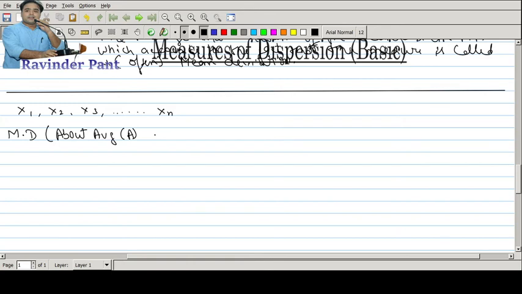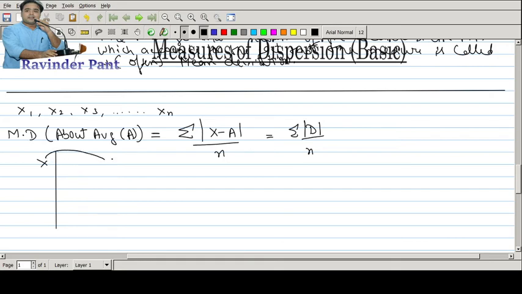So the generic formula for calculating this mean deviation about any generic average is summation of mod x minus a divided by n. There is no need to be confused about this. If there is data x and you have calculated its average as a, you will find a d here.